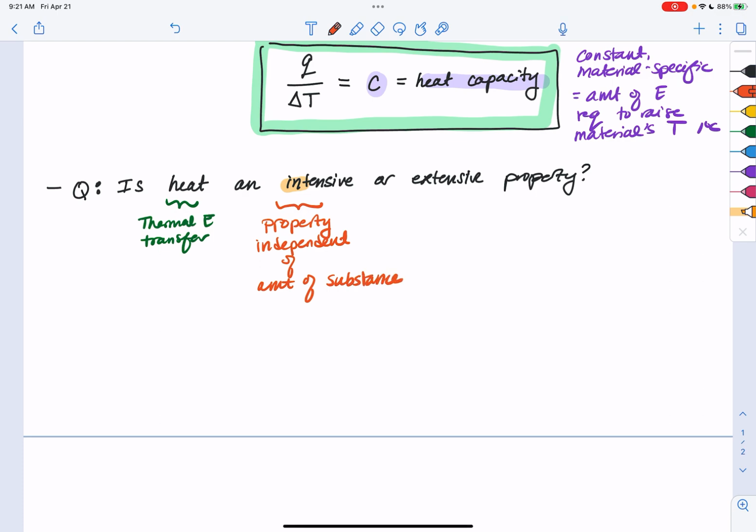Regardless of how much of a substance we have, that property is going to be the same. Think about density. I could have 100 grams of flour, I could have 100 tons of flour, but as long as that flour is packed in the same way, the density of flour is going to be the same. Same with water: if I had 1 milliliter of water versus 10 milliliters of water, regardless of my quantity, the density of water is the same at some given temperature.